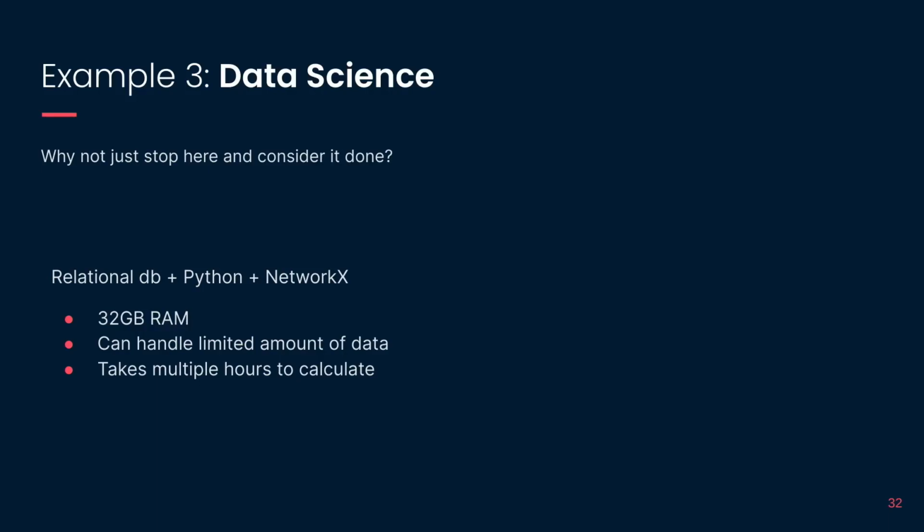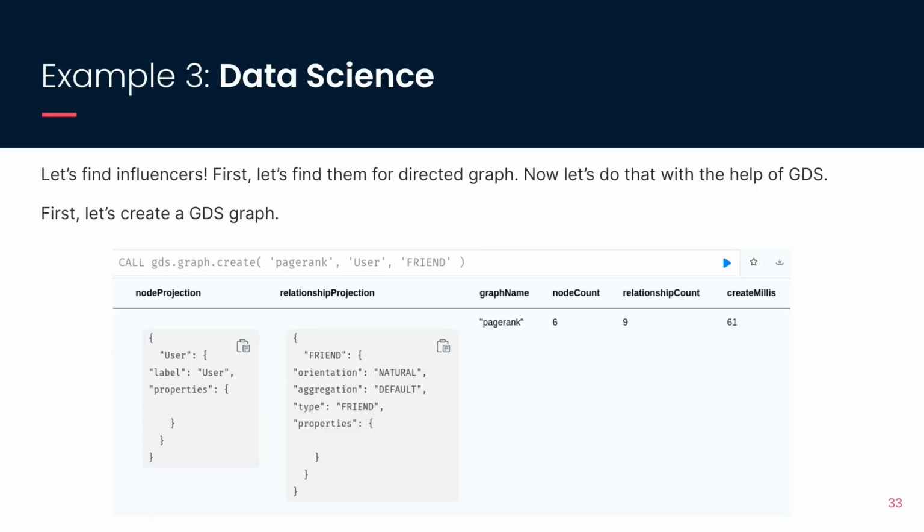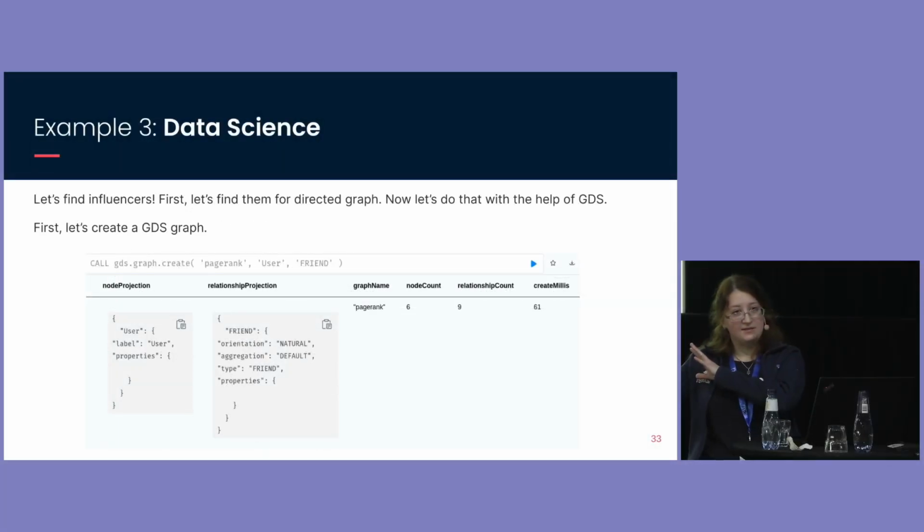So we took a look at the graph database again to see if it can help us to solve the issue. And for that, to our Neo4j database, we added a library, same as we did with NetworkX in Python. The library is called GDS, or Graph Data Science, and it uses the same Cypher query language, but the interesting thing is that it operates inside of your graph database, but it compartmentalizes itself.